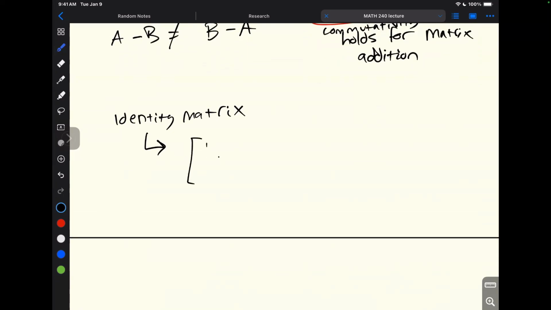So 1, 1, 1. It's a diagonal matrix, but all of the entries on the diagonal are 1.